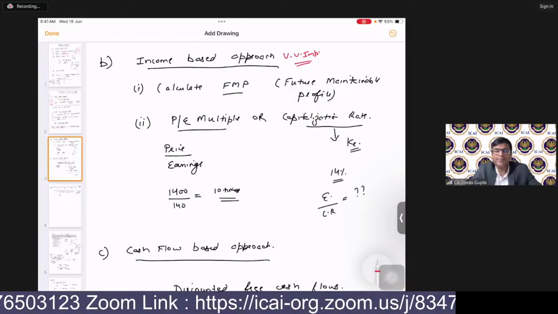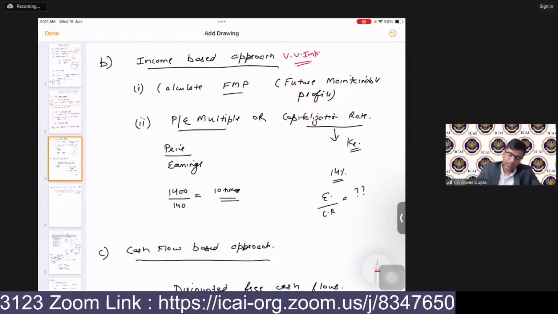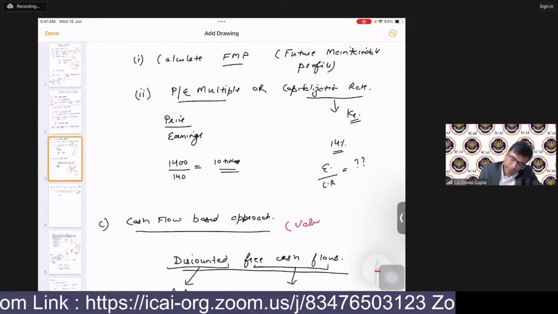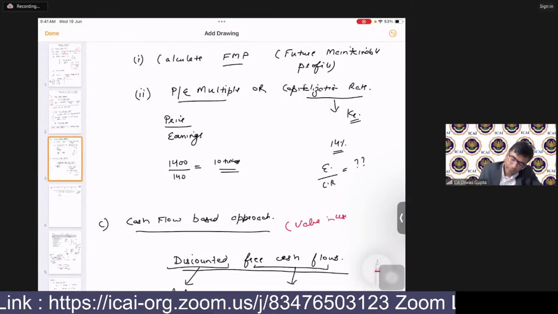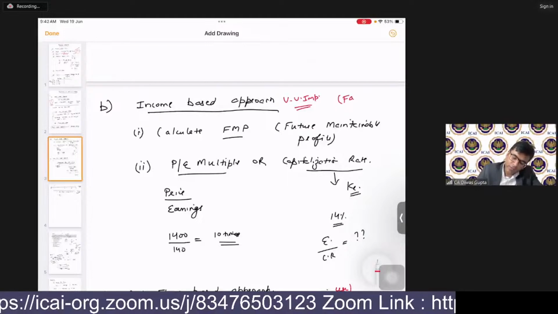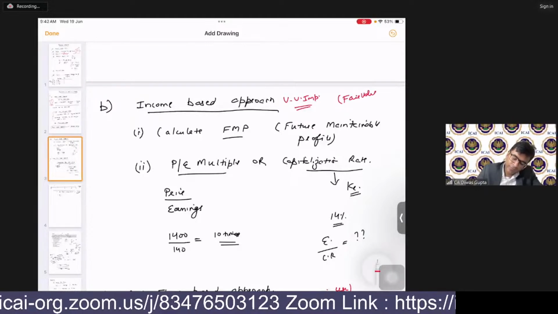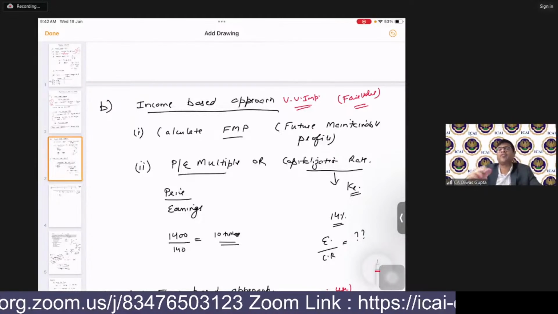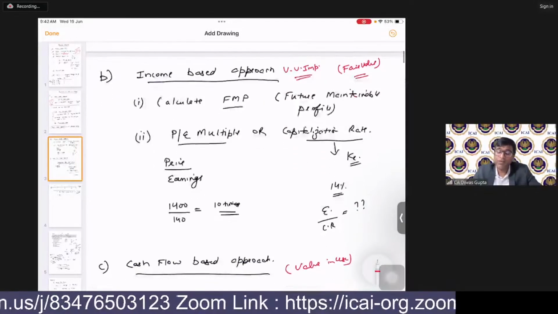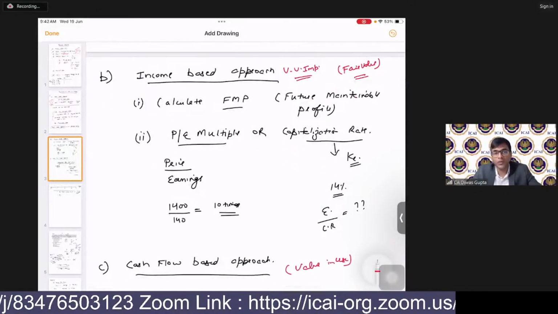These two things we say. So cash flow based approach is actually value in use, and income based approach is fair value approach while we arrive at the recoverable amount. Okay. I'm just giving you a reference because practically we do this.